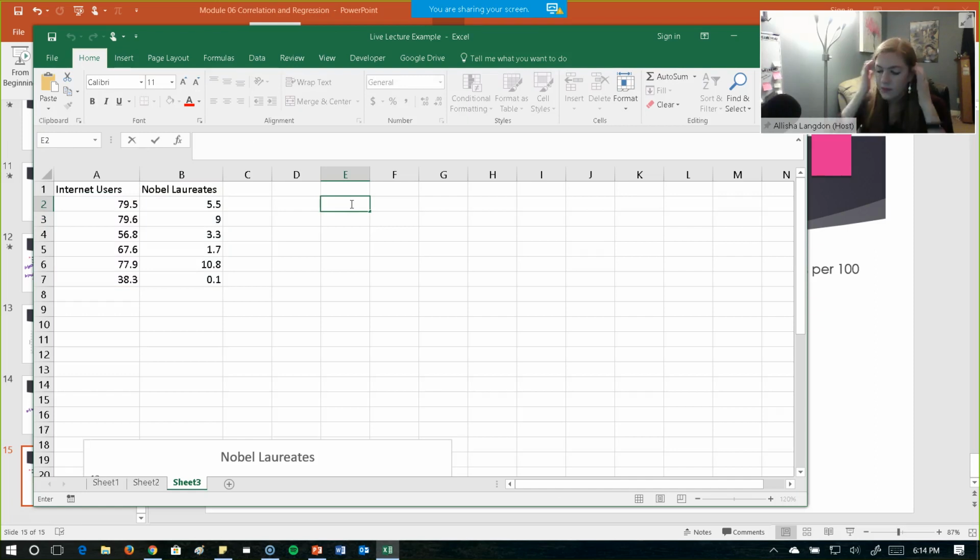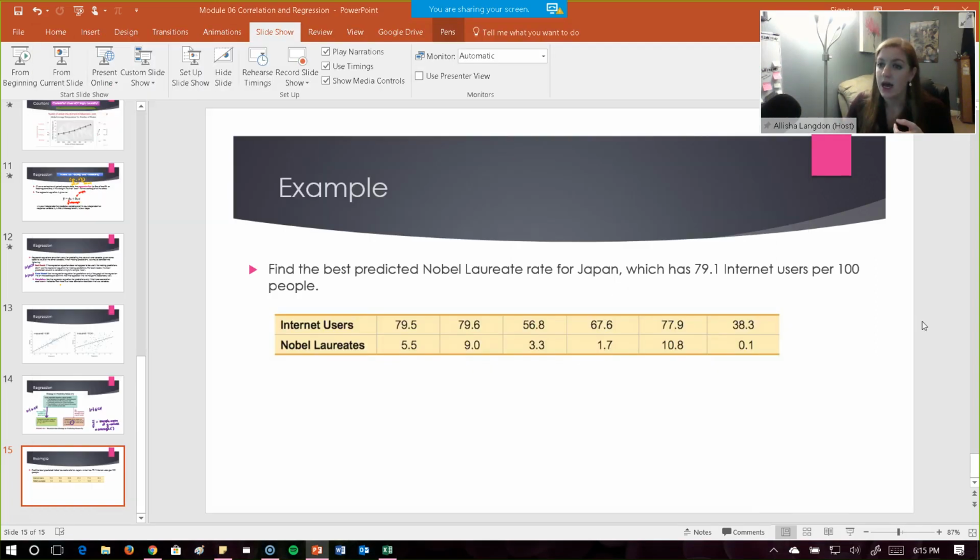So let's go through the steps to come up with our hypothesis test, come up with our equation, and see if we can predict things such as predicting when my X is 79.1. That's what they're asking for. Predict if my internet users are 79.1, how many Nobel laureates am I going to get?